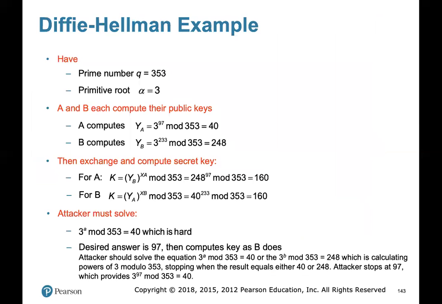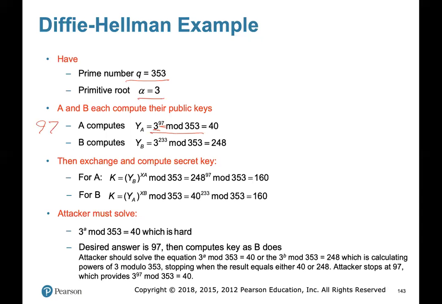Here is an example. If Q is 353 and alpha is 3, let's say Alice picks 97 and calculates 3 to the power of 97 mod 353.